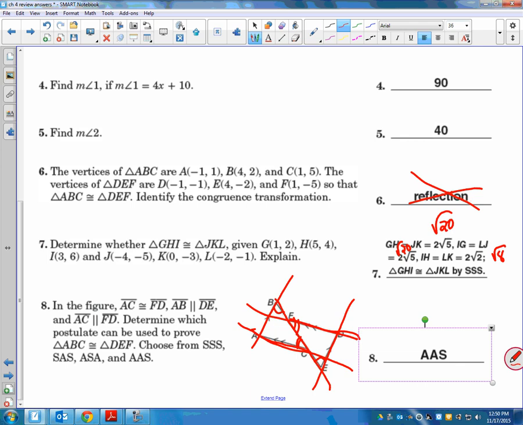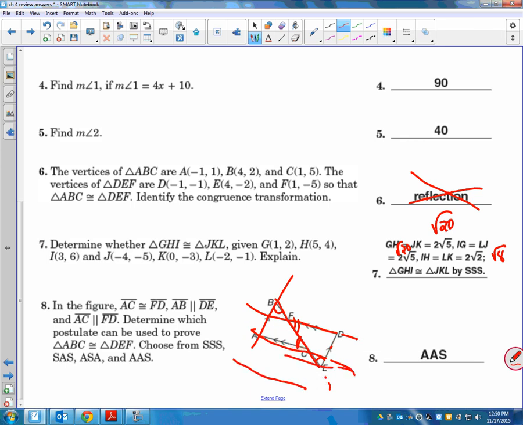And then, we got 2 angles. This was alternate interior, and this was alternate interior.